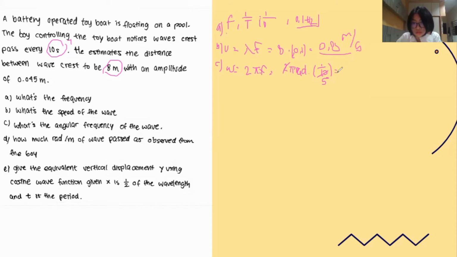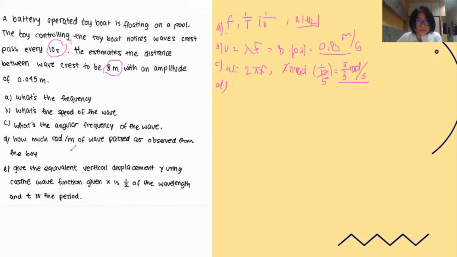So it's going to be pi per 5 rad per second. That's C.